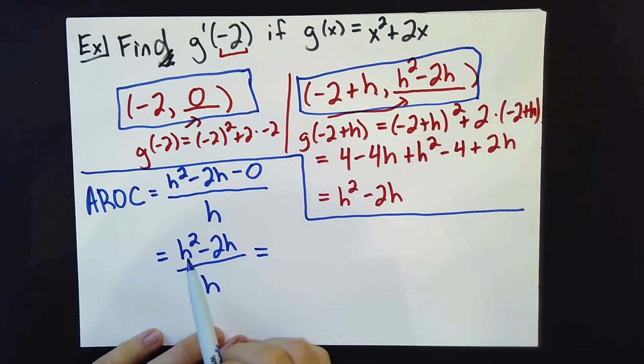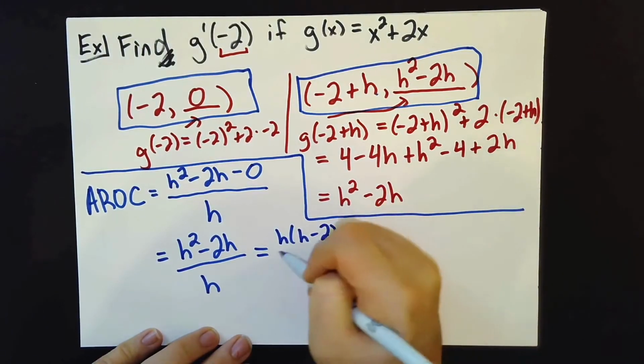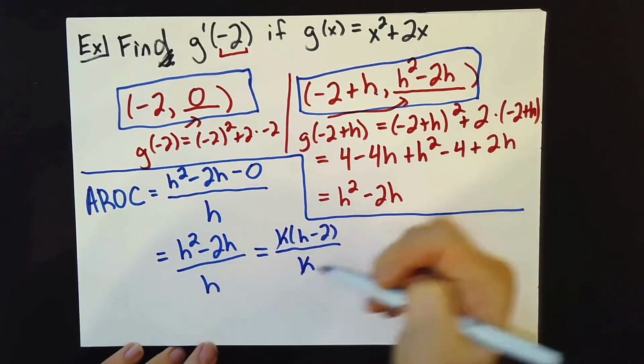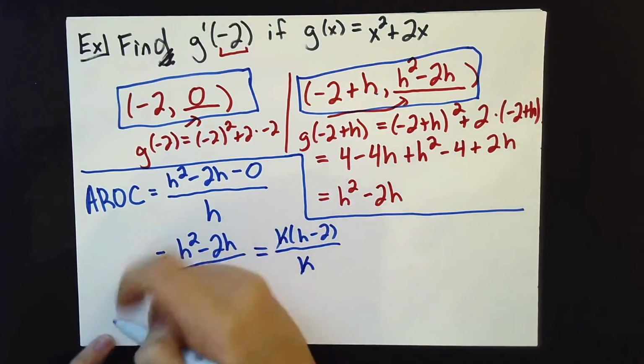So I'm going to factor out an h here from the numerator. Divide by h. I can cancel the h's. So this is going to be h minus 2. That's my average rate of change.